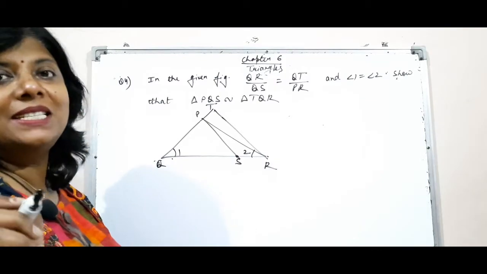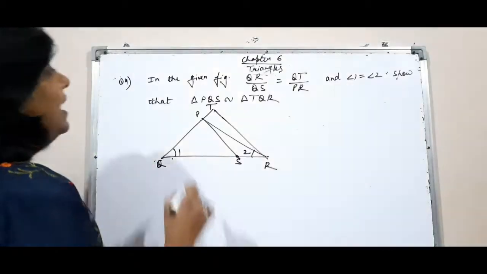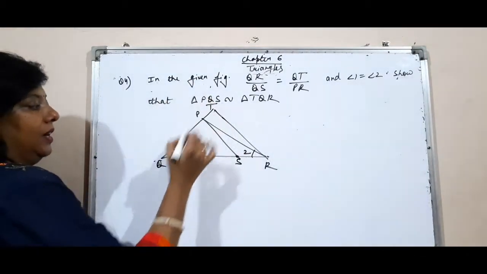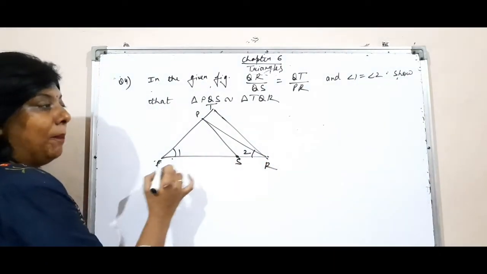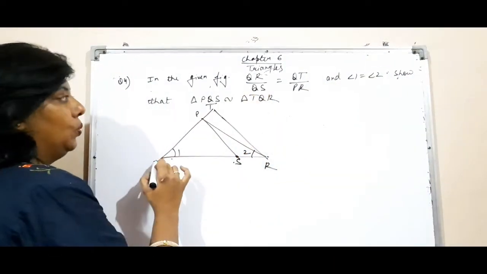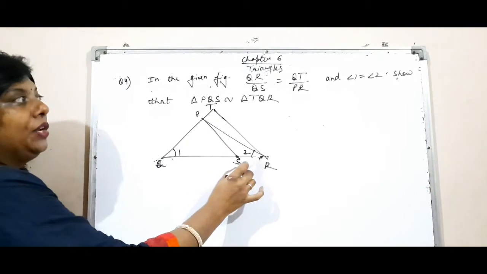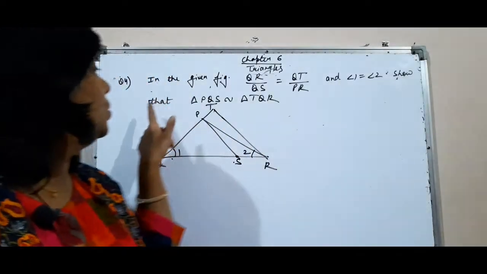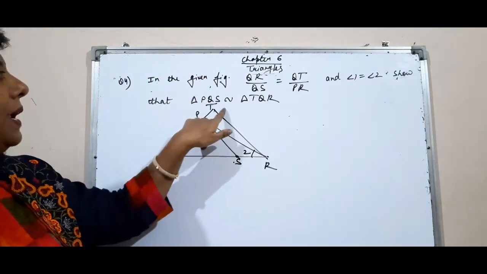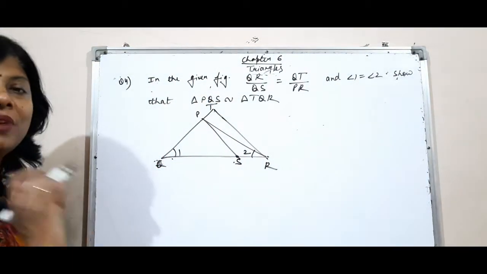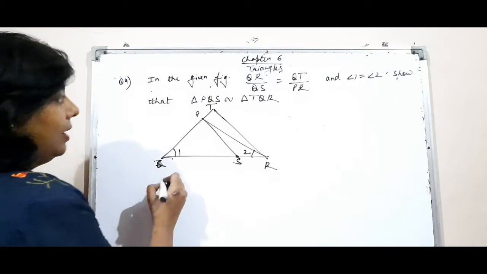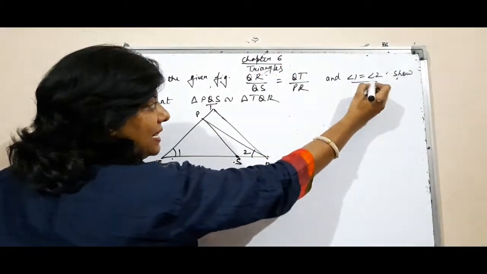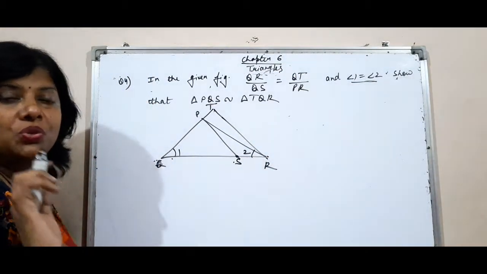In this series, our next question is: in the given figure, QR upon QS equals QT upon QR and angle 1 equals angle 2, show that triangle PQS is similar to triangle TQR. But in this question, it is given to you angle 1 equals angle 2.